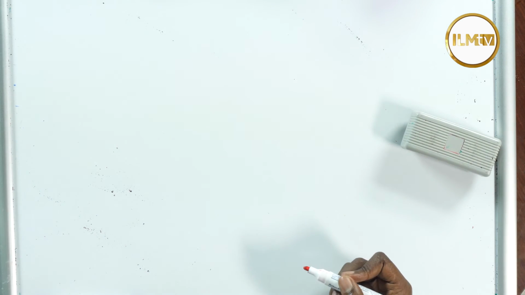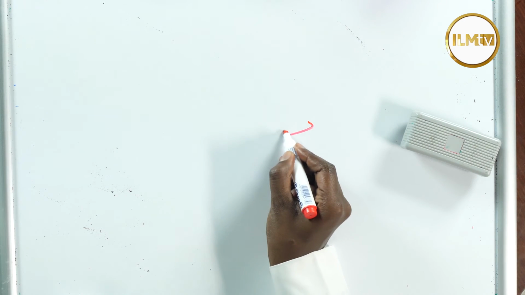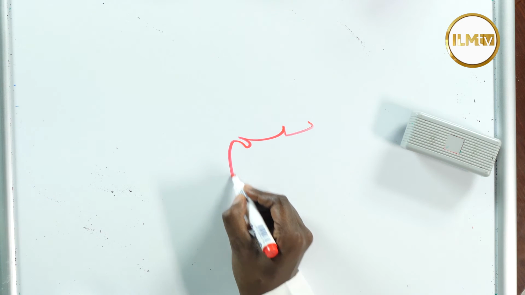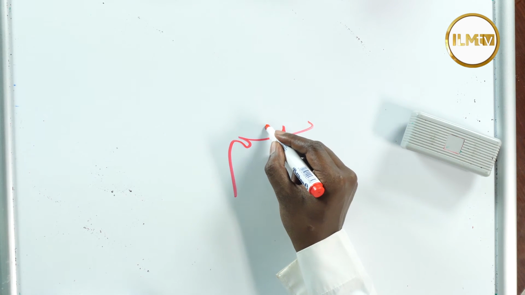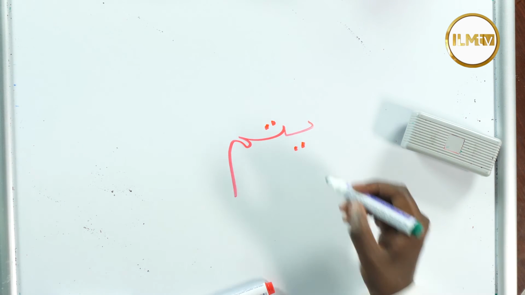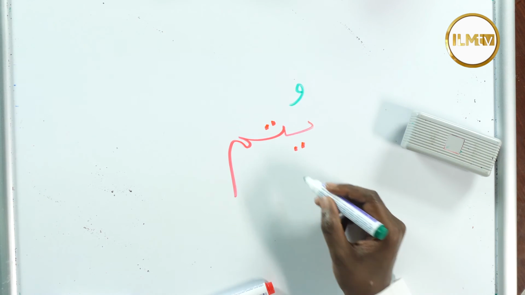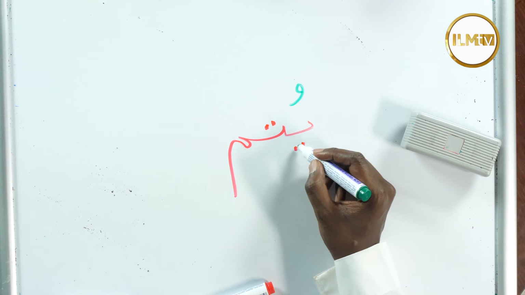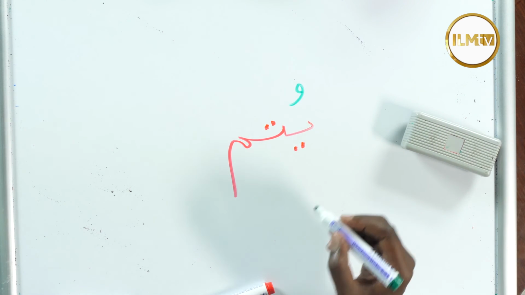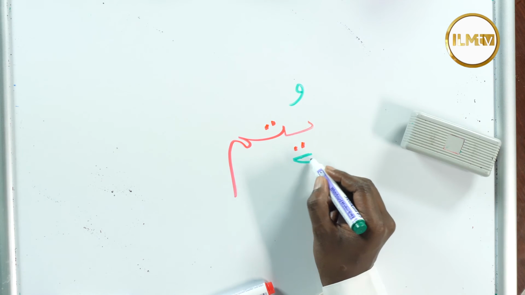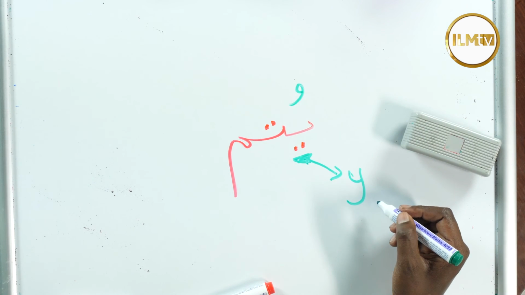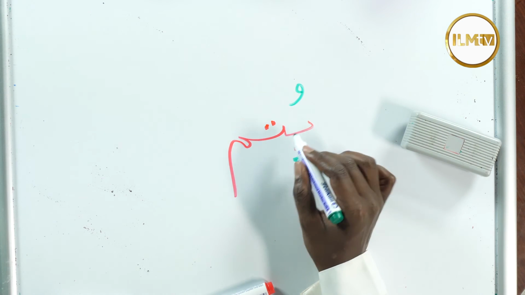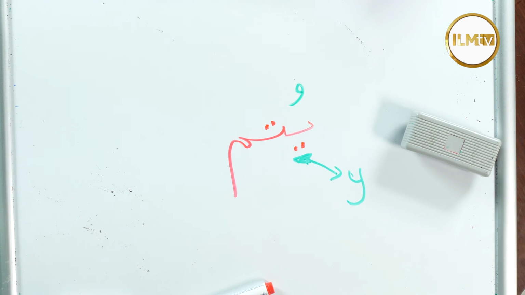Now let's go to ya. For example, we have that's here. It's a ya because of two dots. Understand, wherever you see two dots down, when you see two dots below anything, it's a Y. It doesn't matter how it's written.